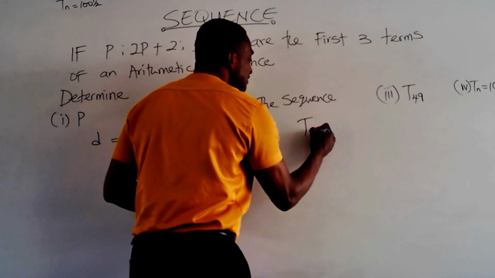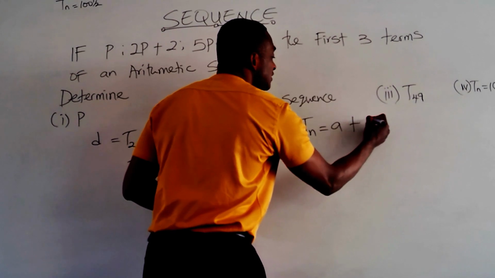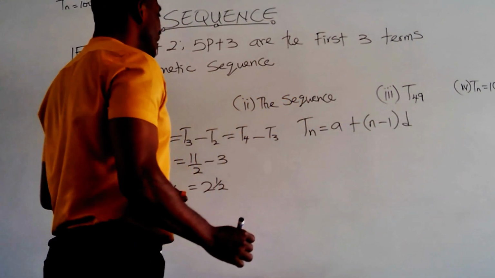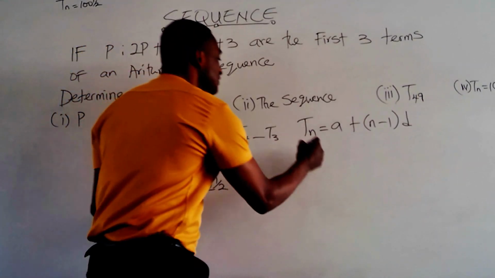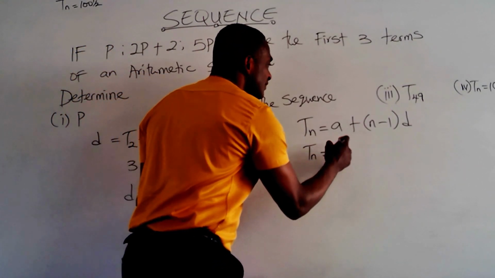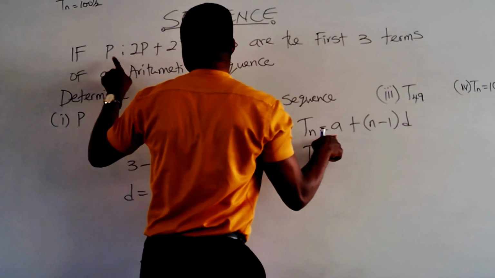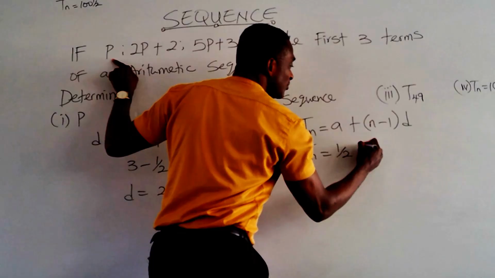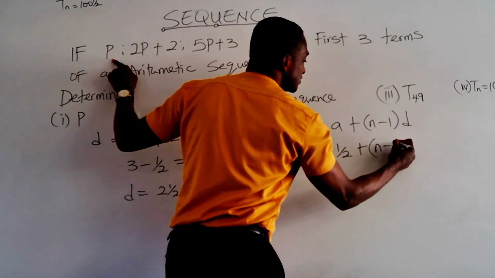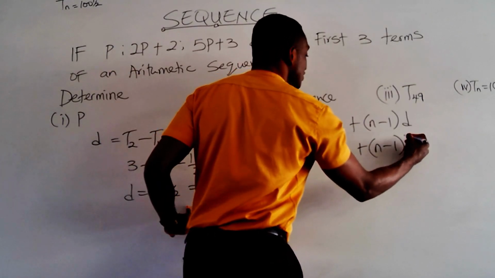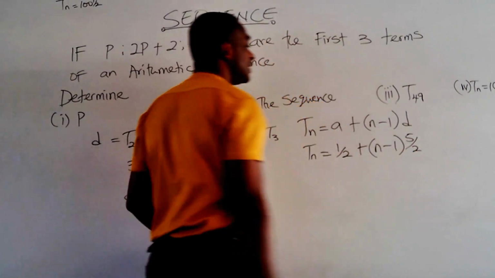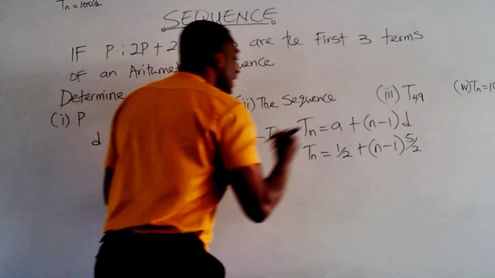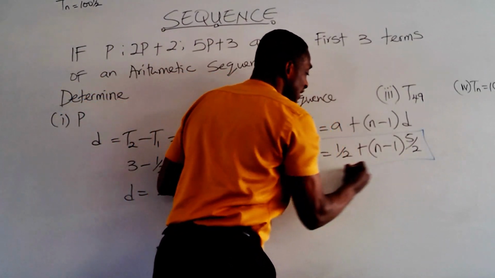Our general formula is Tn equals a plus (n minus 1) d. Now, our general formula will be a, which is our first term, half, plus (n minus 1), and our common difference is 5 over 2, or 2.5. This is the general term that we can use to figure out any term in the sequence.